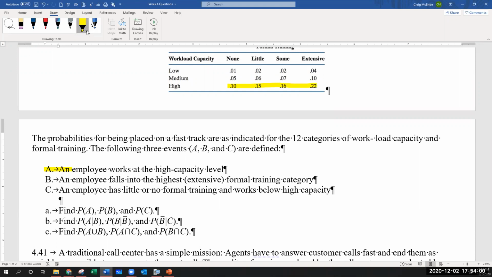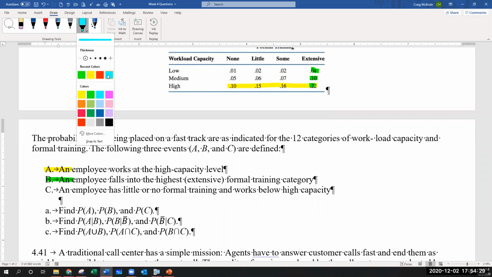And then if I change and choose green, that's going to be my B group, an employee falls into the highest extensive formal training category. So this one and this one are green. I kind of leave it a little so I can see it's both yellow and green. And then C, I'll make C blue.